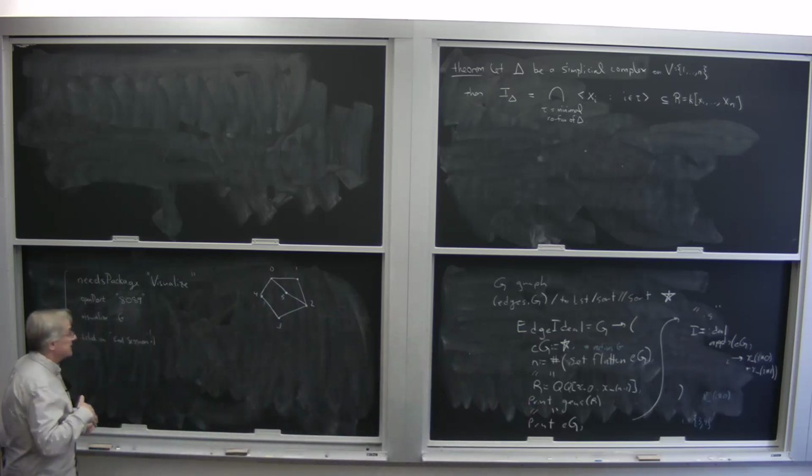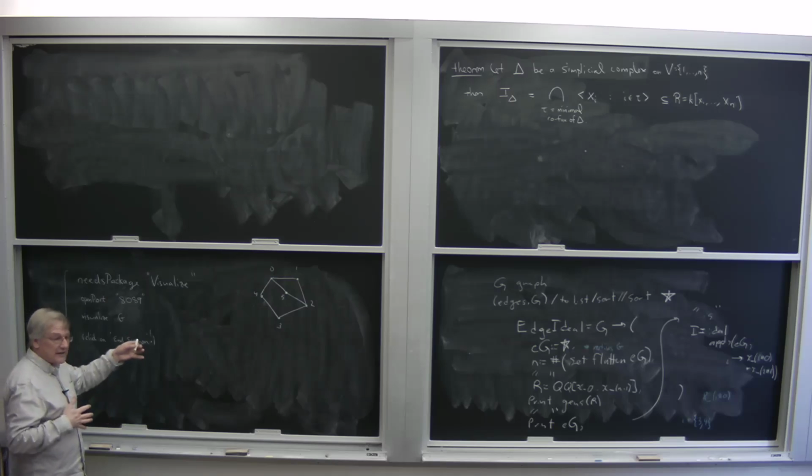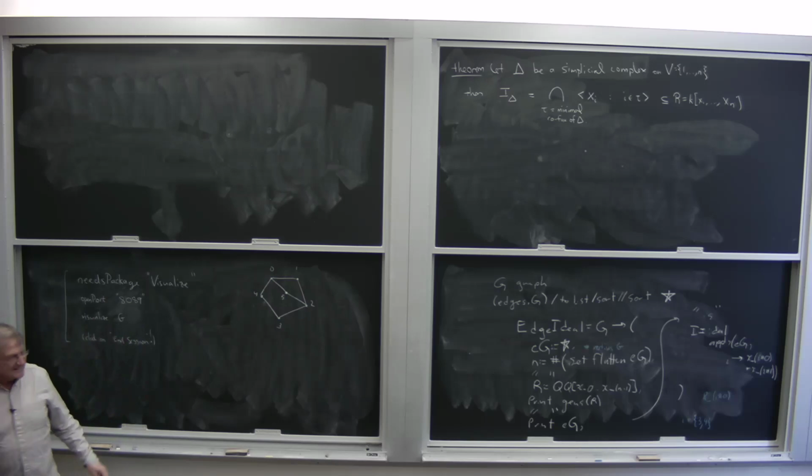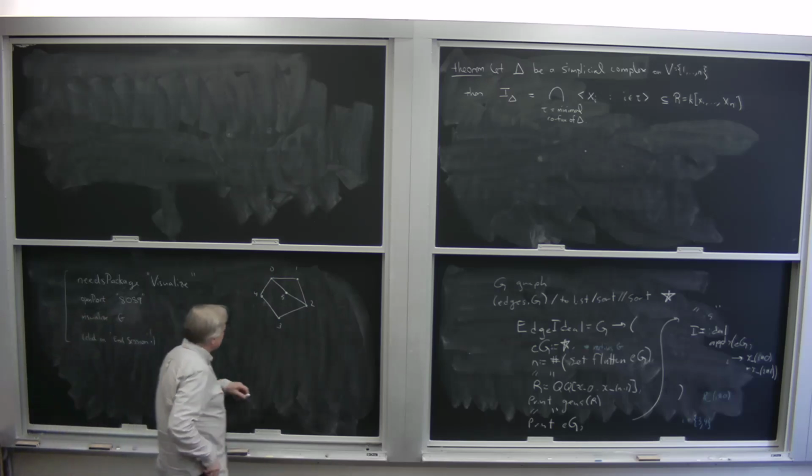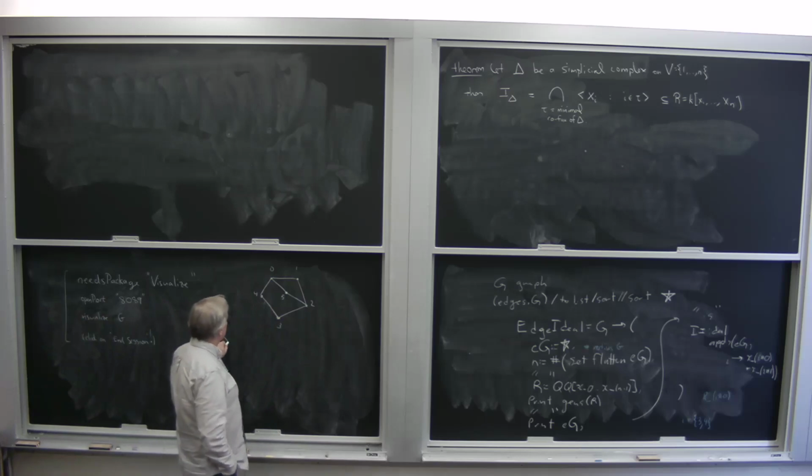So it's tricky. I mean, you can say a lot of things about it, and a number of people here, Adam especially, he's probably the edge ideal man. But anyway, okay, so what is the ideal here? It's x0x1.